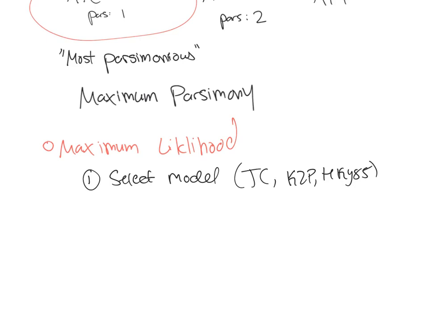These are all models. We're going to select one of them, the one that we think works best for our data. And then for each tree T, we're going to ask what's the probability that T fits that model?